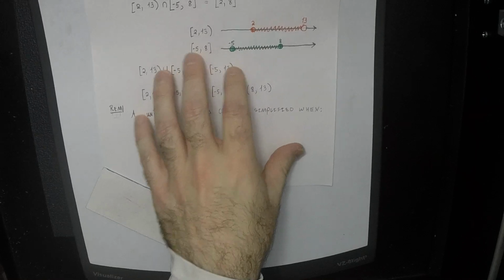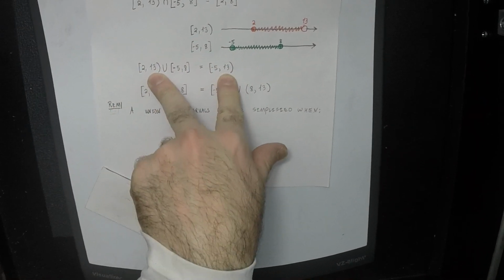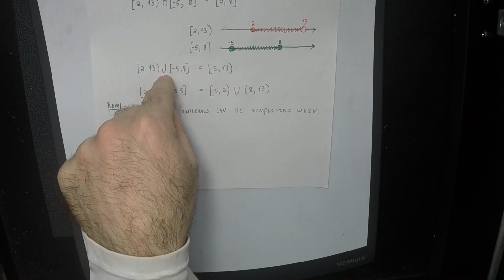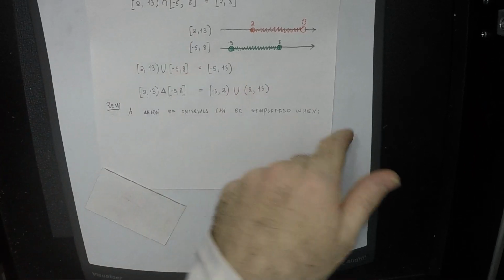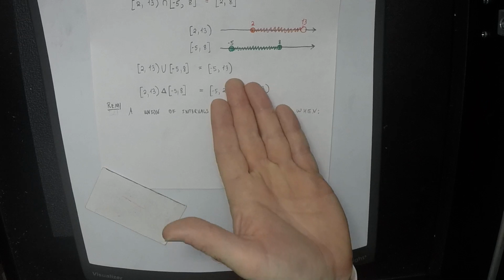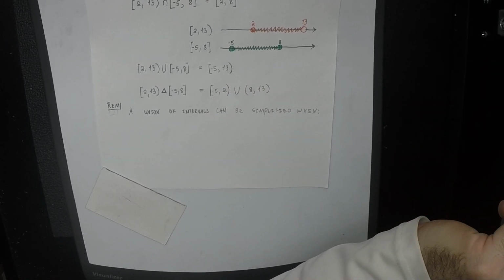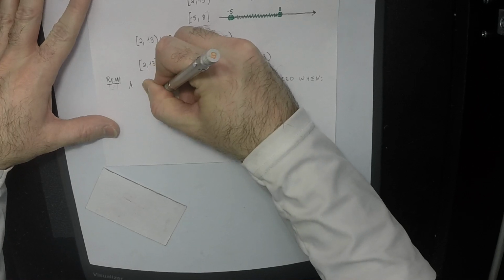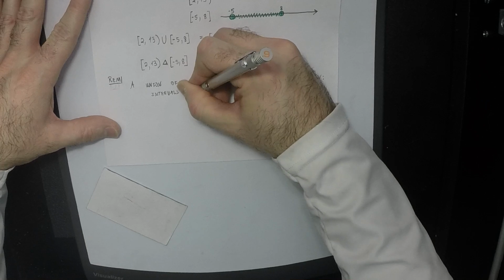So what I mean is, consider this example. We were able to simplify that union in the sense that the right-hand side of this equation is simpler than the left-hand side. Okay, so then what property of this circumstance allowed that to occur? An overlap. Right? So when the intervals overlap, but there's actually another possibility.